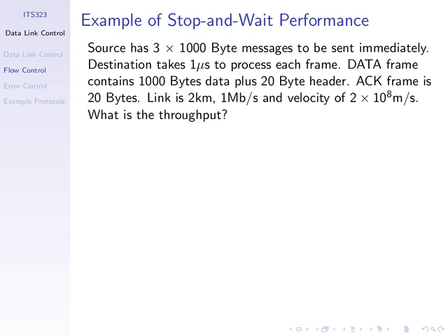This rectangle indicates the transmission of data frame 1. If I drew data frame 1, then I could draw it like this.